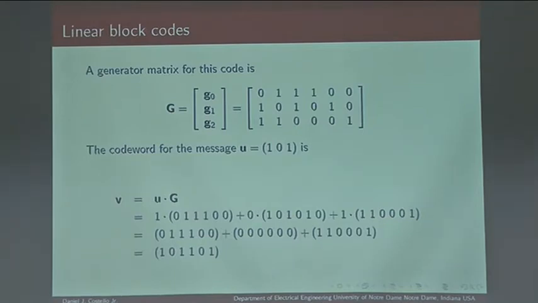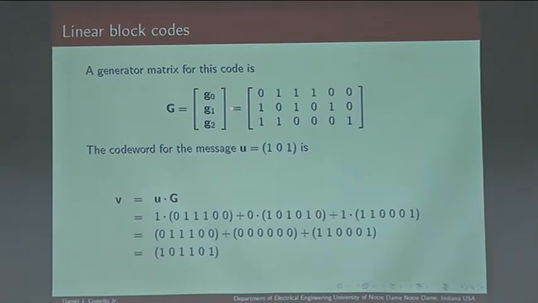Now I said we worked backwards. I started from the list of code words and worked backwards to get the generator matrix. You can define a code from the generator matrix and then go the other way.